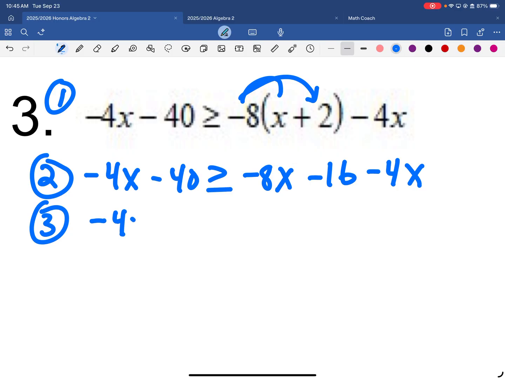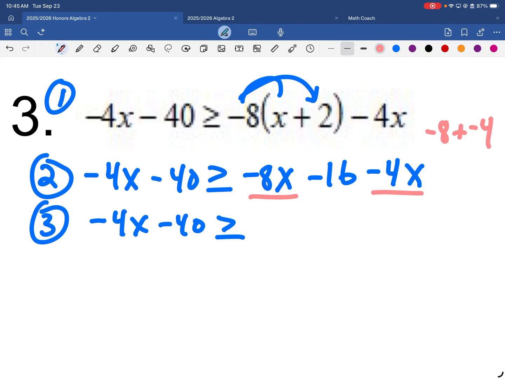So at this point, you should have negative 4x minus 40 is greater than or equal to, I can combine the negative 8 minus 4. So that's negative 8 plus negative 4. Change it to an additive inverse. So that's negative 12. So negative 12x minus 16. Everybody okay?